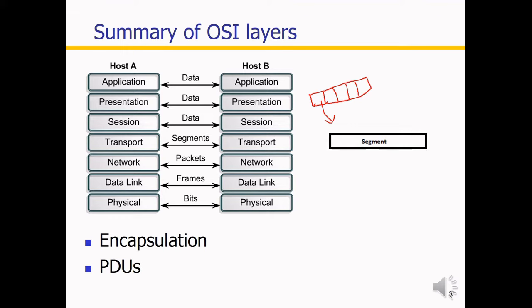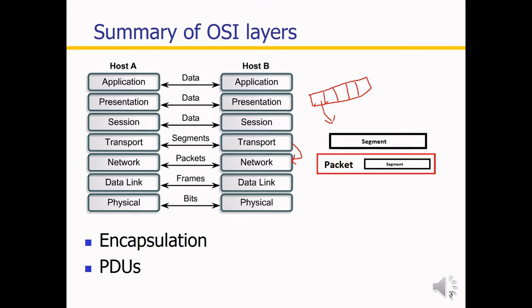Then the segment from the transport layer gets passed down to the network layer, and in the network layer what you have is a packet, and a packet has embedded in it the segment. So the network layer would add some data to the segment and the resultant unit would be called a packet. A packet would have the port number and additionally some network layer information.